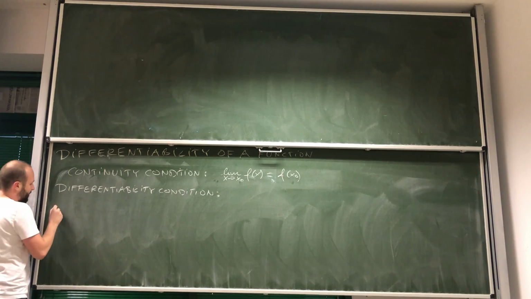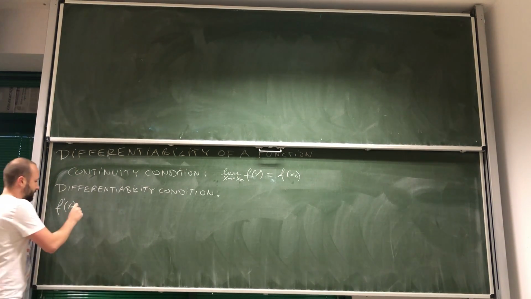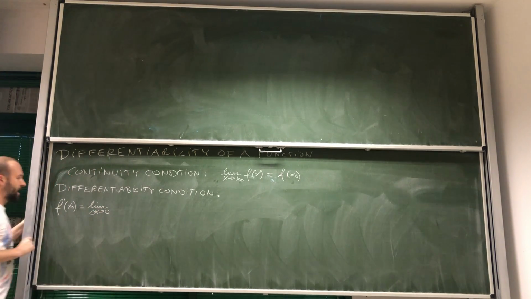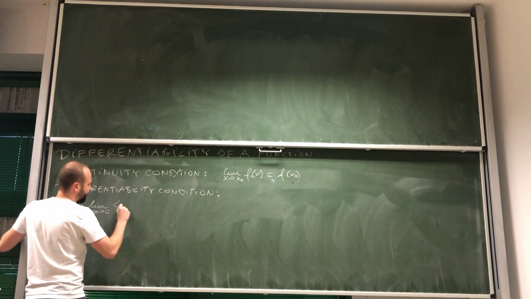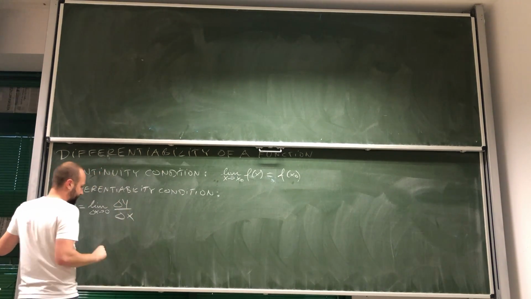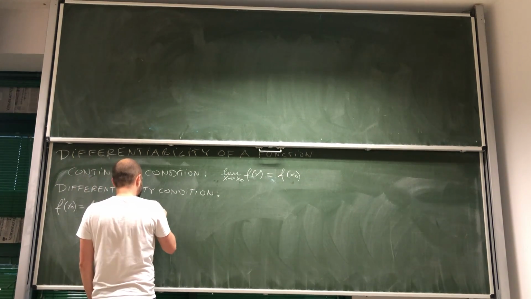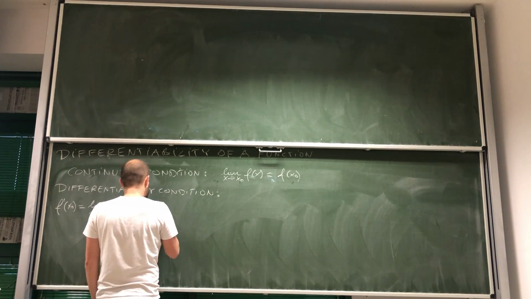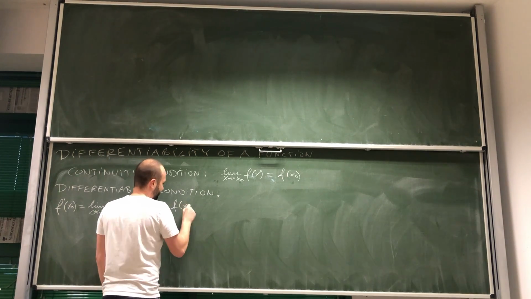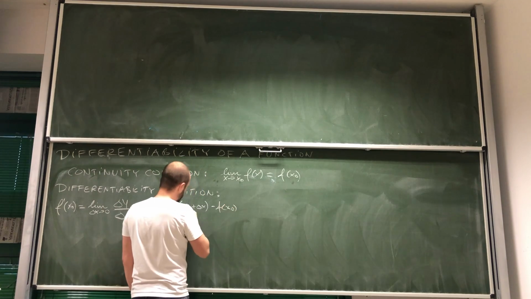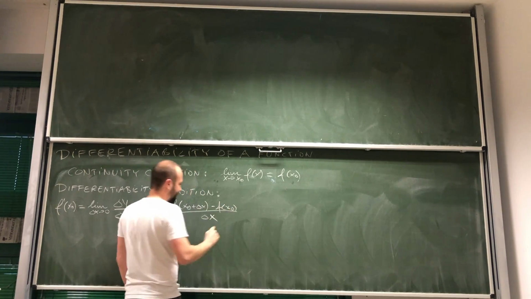So look, derivative of a function at some point x0 is given as limit with delta x approaching 0 out of the difference quotient delta y over delta x, which is in notation more familiar to us, equal to limit with delta x approaching 0 out of f of x0 plus delta x minus f of x0 over delta x.